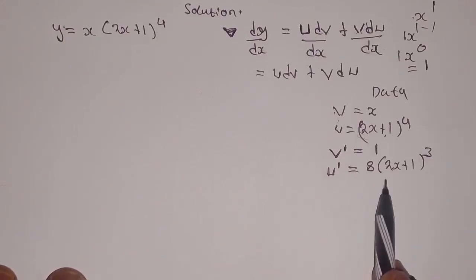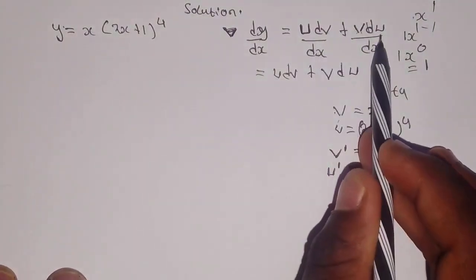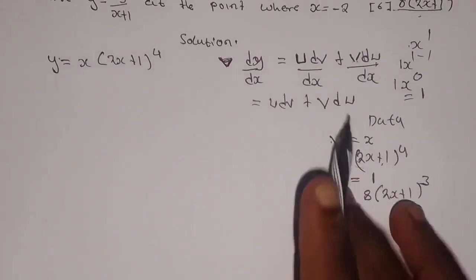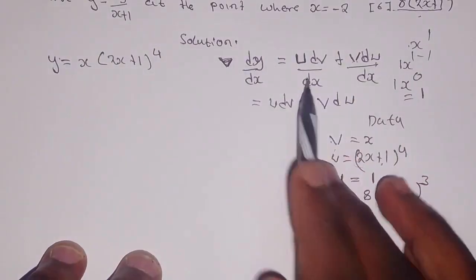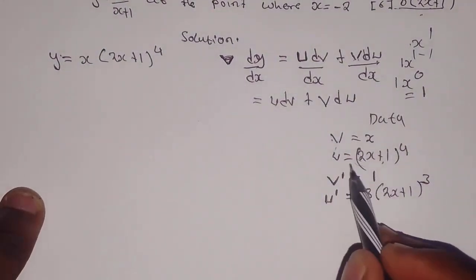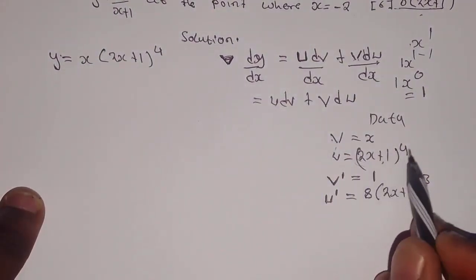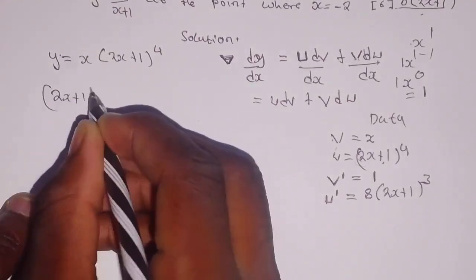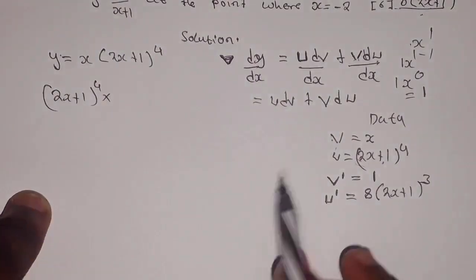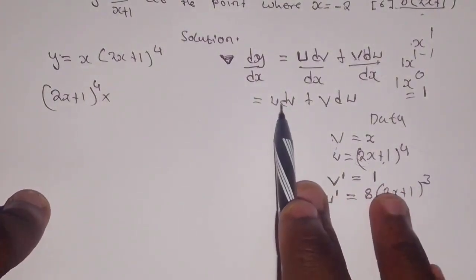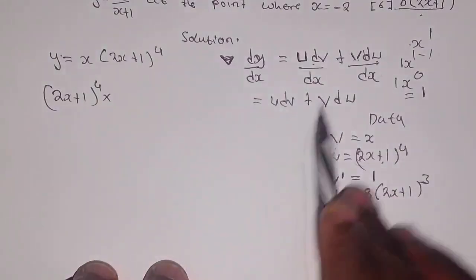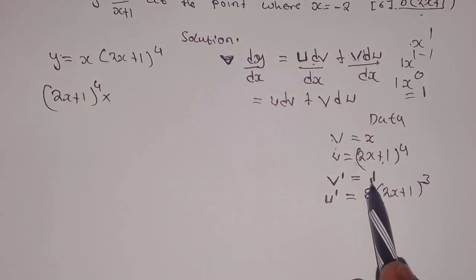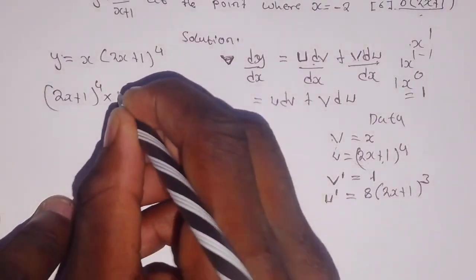Having done this, you now replace in your formula. We have our formula u dv plus v du. What's our u? Our u is (2x + 1)^4 multiplied by our dv, meaning the differentiation of v, which we found is 1.